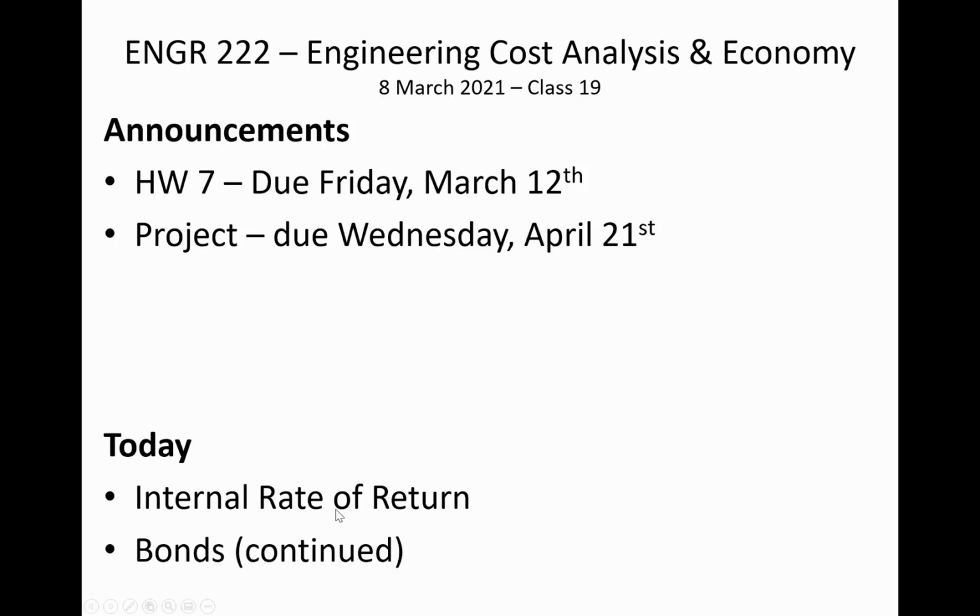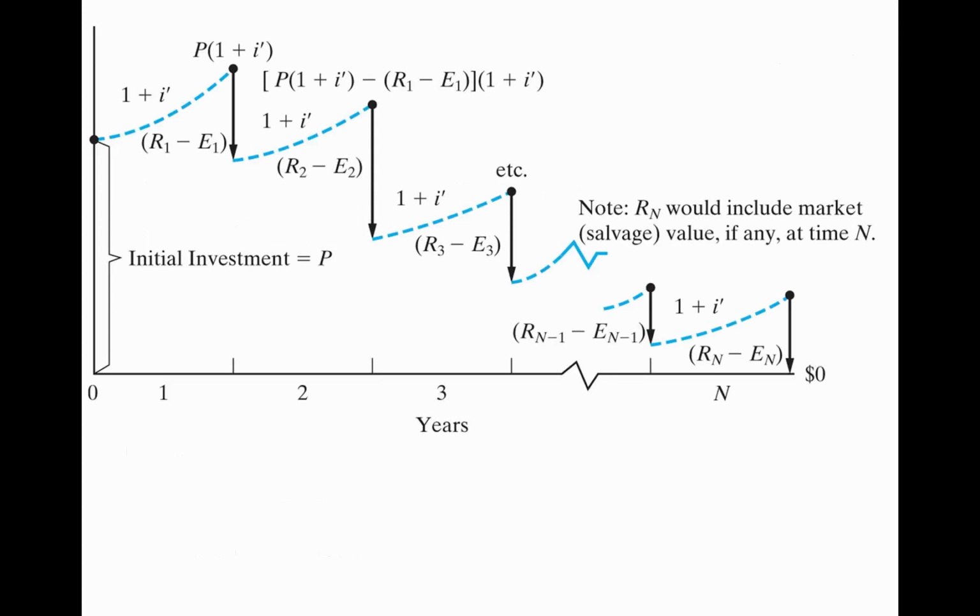Today we're going to talk about internal rate of return, and we touched on that during our class meeting last Friday. So we're going to continue talking about finding that rate that brings balance between the inflows and the outflows. This is the diagram that we went over in Friday's class, where we calculated using the unrecovered investment balance approach how much of your initial outlay had been recovered over time, and what was the interest rate that brought equilibrium between the inflows and the outflows.